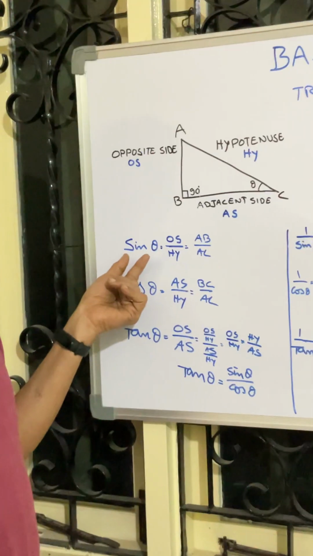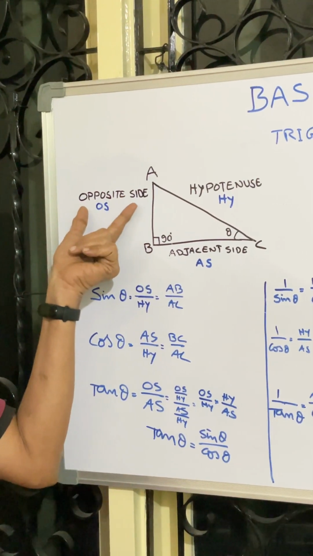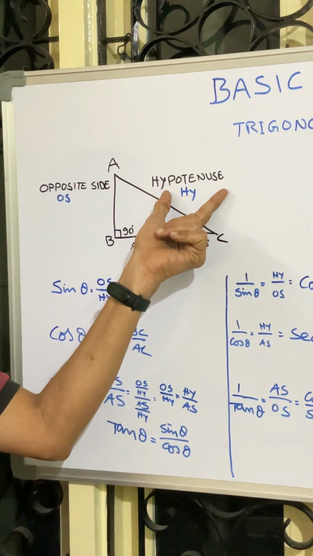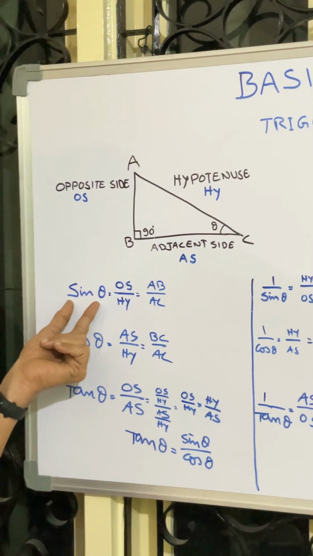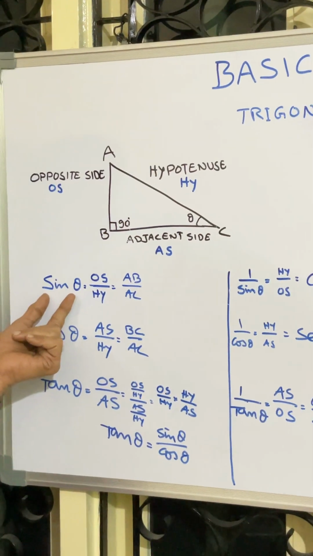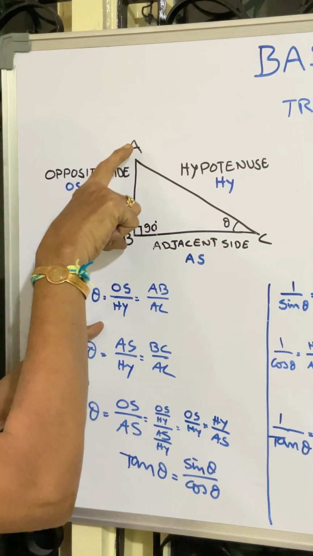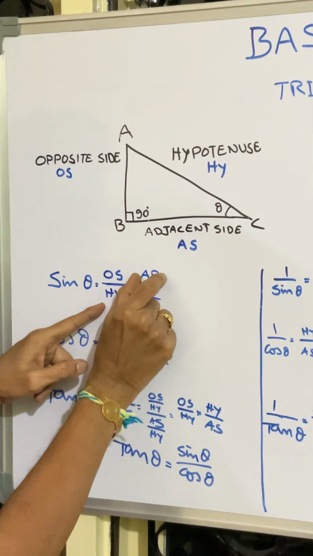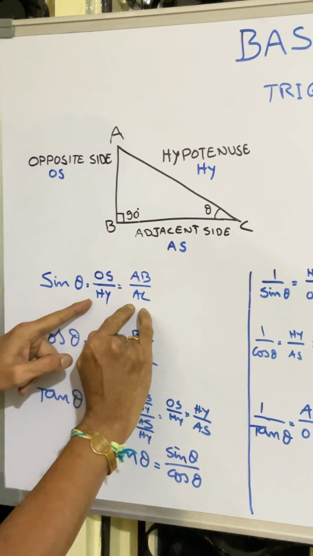First, if you take the opposite side by hypotenuse, we name it as sin theta. Particularly in this triangle, the opposite side is AB, that's why AB by AC, and AC is our hypotenuse here.